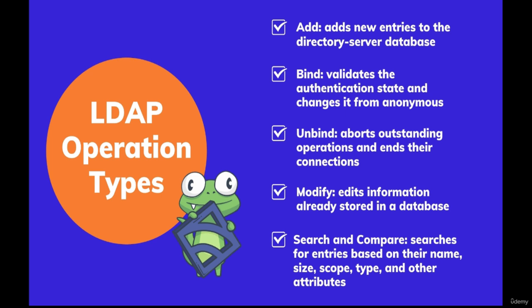Lightweight Directory Access Protocol. The Lightweight Directory Access Protocol is an open, vendor-neutral, industry standard application protocol for accessing and maintaining distributed directory information services over an internet protocol network. So, its operation types, LDAP operation types.